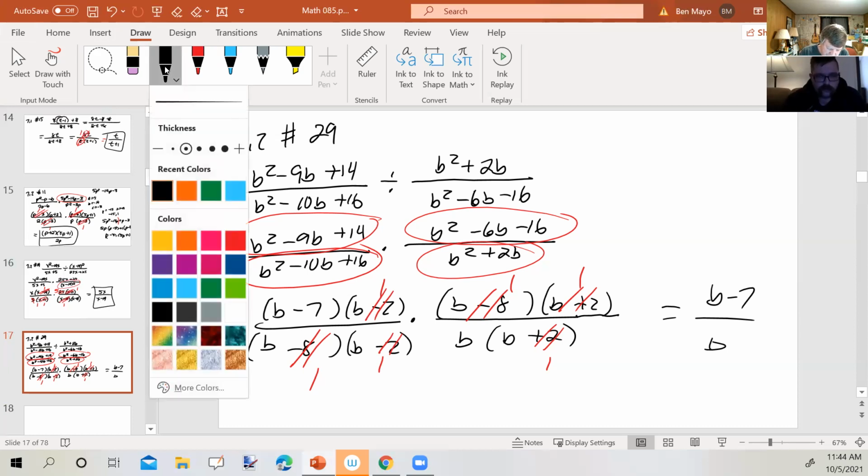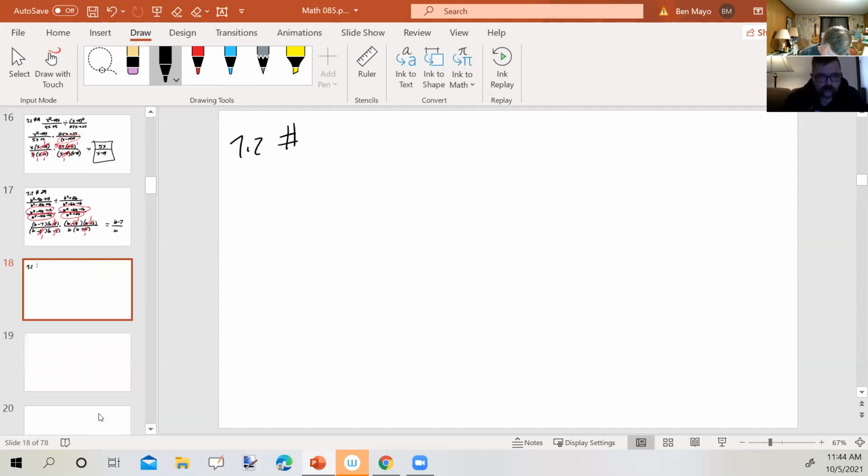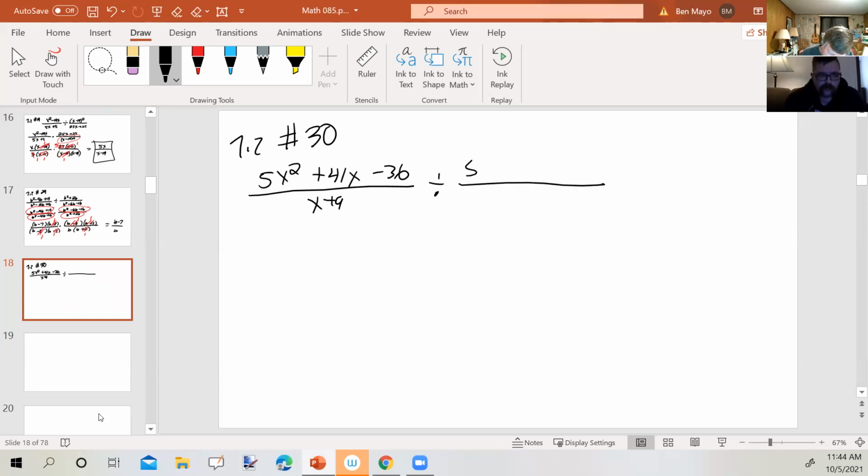Good, okay. This is 7.2, number 30. Very similar to number 29 that we just did. Perform the operation and simplify if possible. 5x squared plus 41x minus 36 over x plus 9 divided by 5x squared minus 49x plus 36 all over x minus 4.